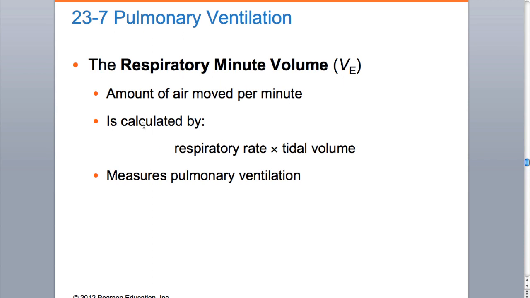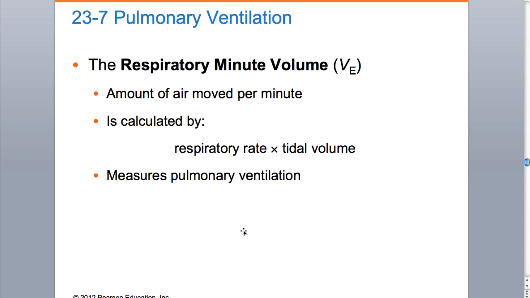So as you can see, we have a very similar formula. Heart rate, this time it's what? Respiratory rate. Stroke volume, this time it's what? Tidal volume. So very, very similar. Now why are the stories so related? Cardiac output dealt with how much fluid is leaving the heart at any given point in time.